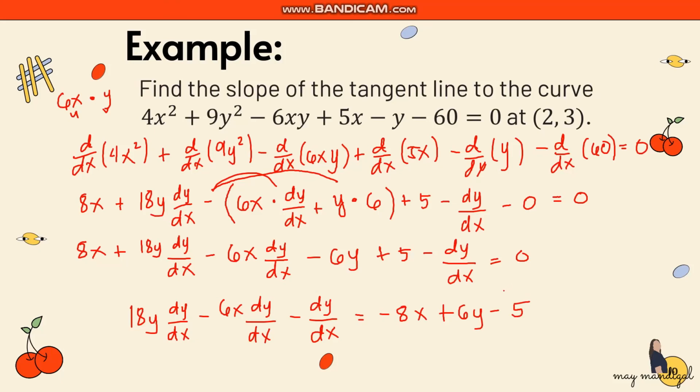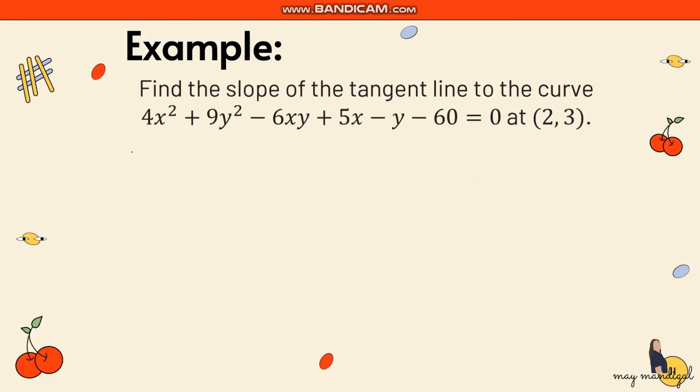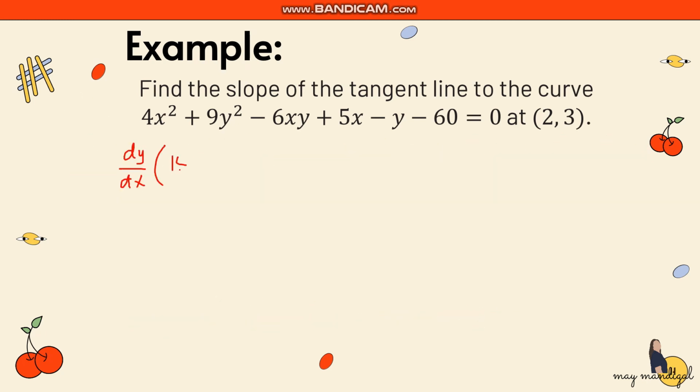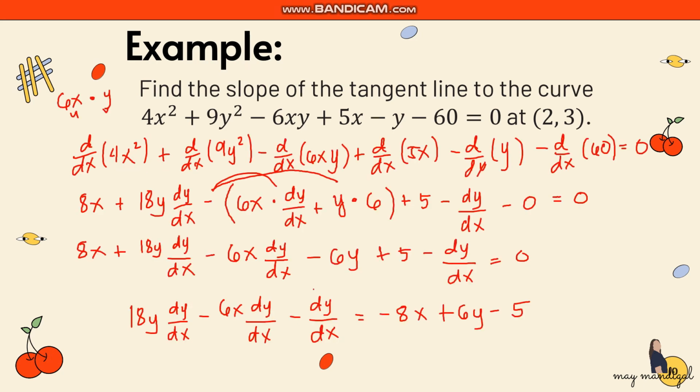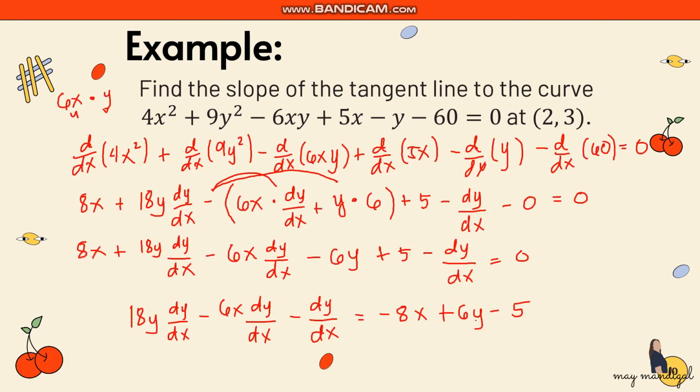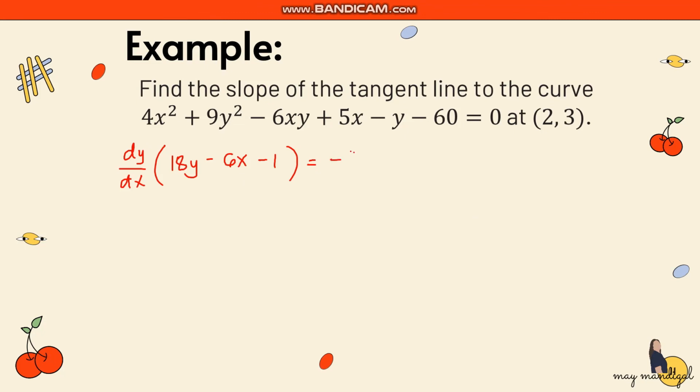And of course, the next thing that we have to do is to factor out the dy over dx. So we have here 18y minus 6x, and then minus 1, equals negative 8x plus 6y minus 5.